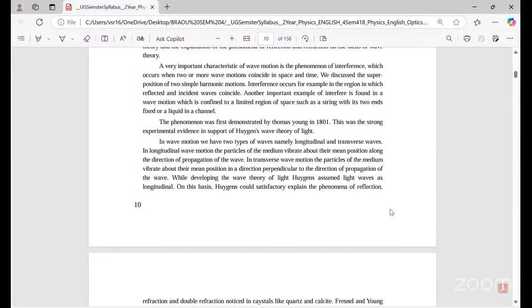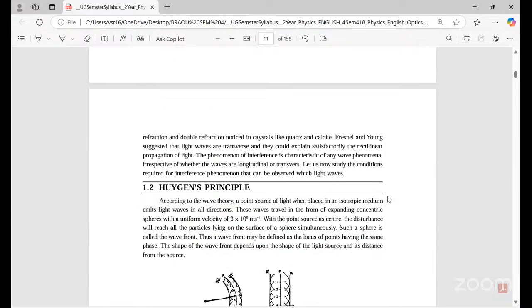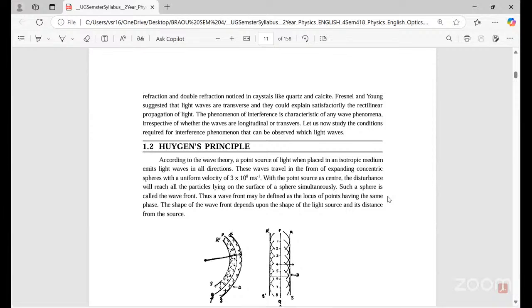So Huygens could satisfactorily explain the phenomena of reflection, refraction, and double refraction. Okay, which is observed in crystals. So what are those? Quartz crystal, calcite, cesium chloride, so many crystals are there.